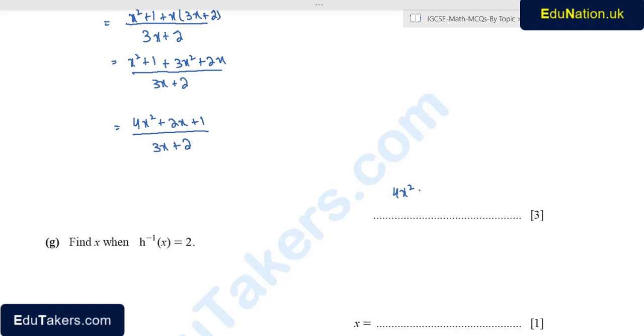Four x square plus 2x plus 1 over 3x plus 2.